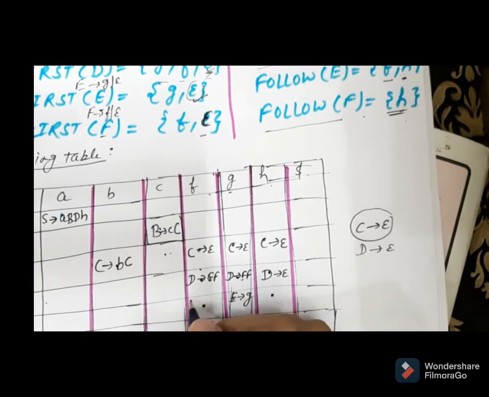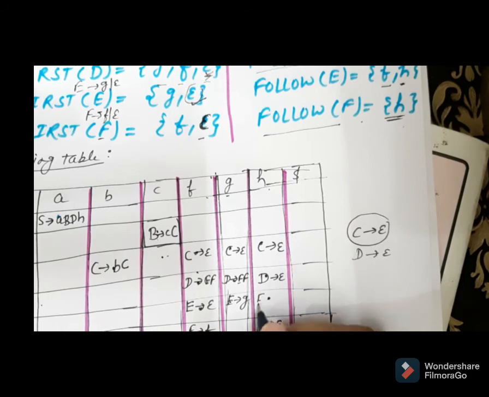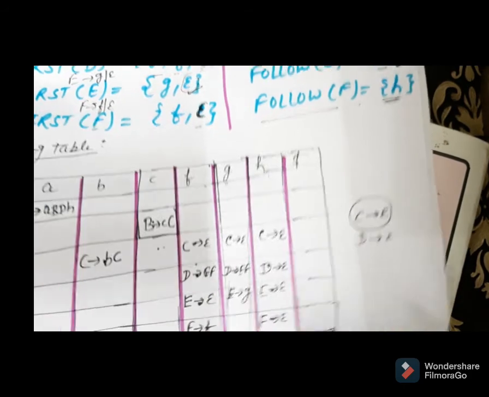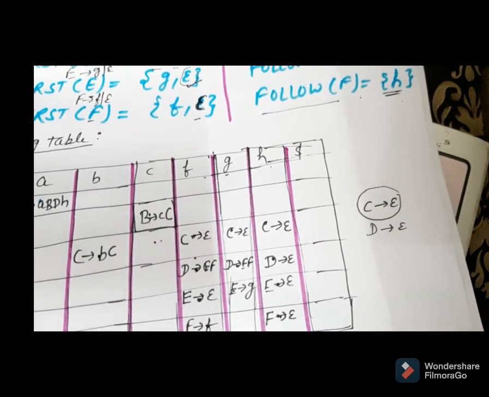So I will use the production E tends to epsilon.